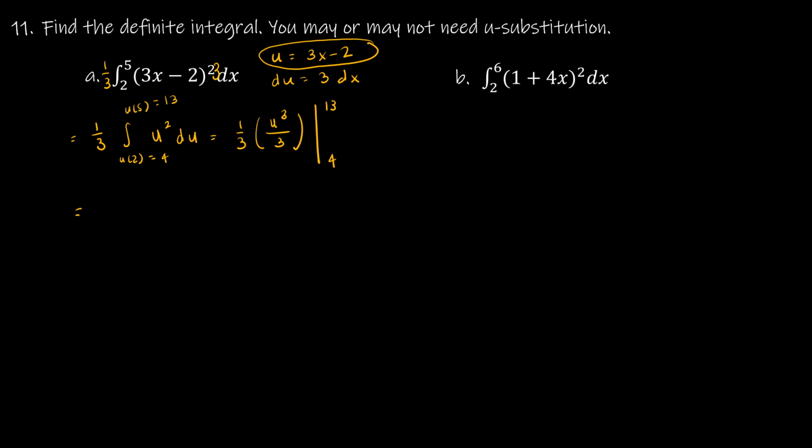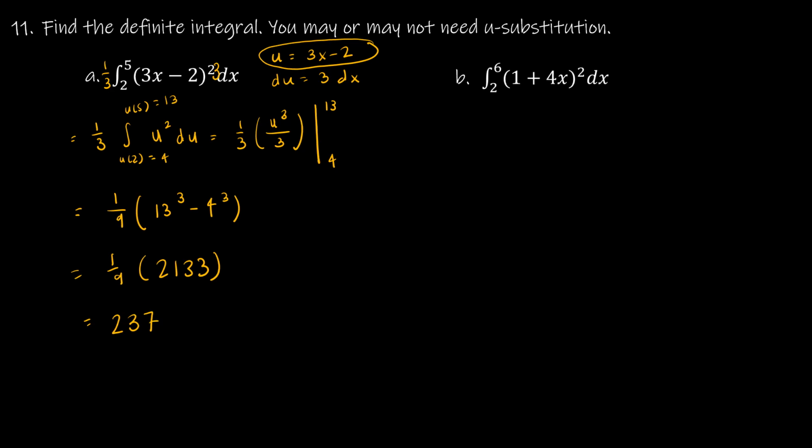So now I'm going to take 1/9 and then u cubed, so 13 cubed minus 4 cubed, which gives me 1/9 of 2,133, which gives me 237.